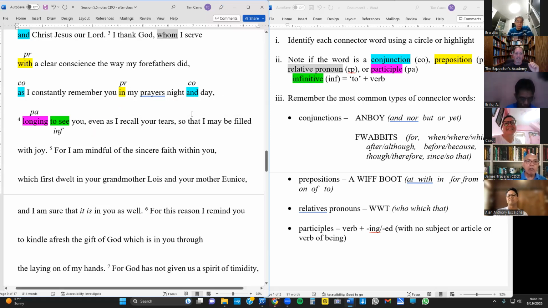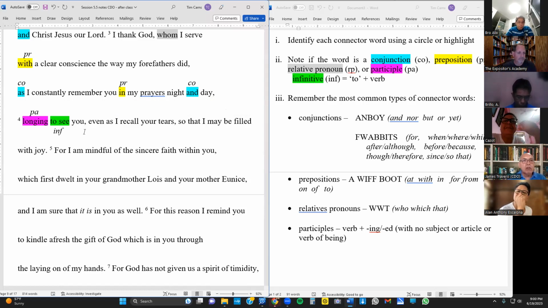Usually they are not, and in this case, it is not. It's "longing to see." That's the full expression. But I do want you to note it so that you get used to looking for them so you don't confuse them with a connector word. So just highlight the infinitives in green. Okay. Kazot, any more?